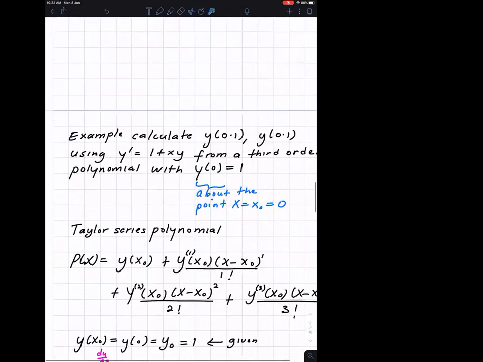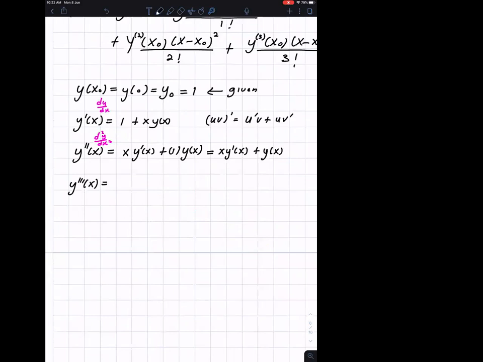So I'm going to just write the result here, but you have to know how to do this. There's going to be x y''(x) plus y'(x) plus y'(x) plus 2y'(x).